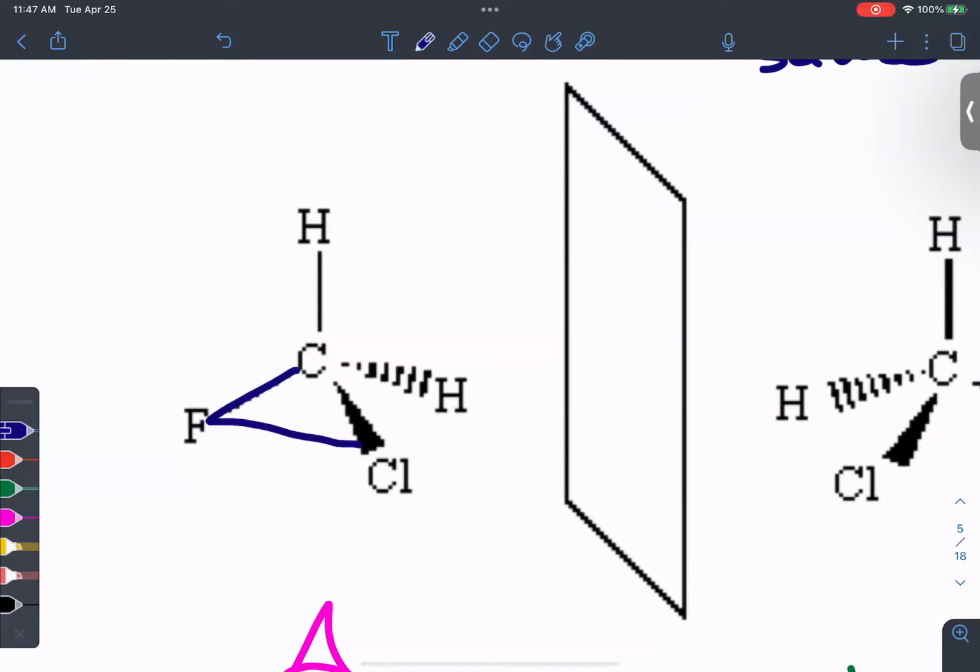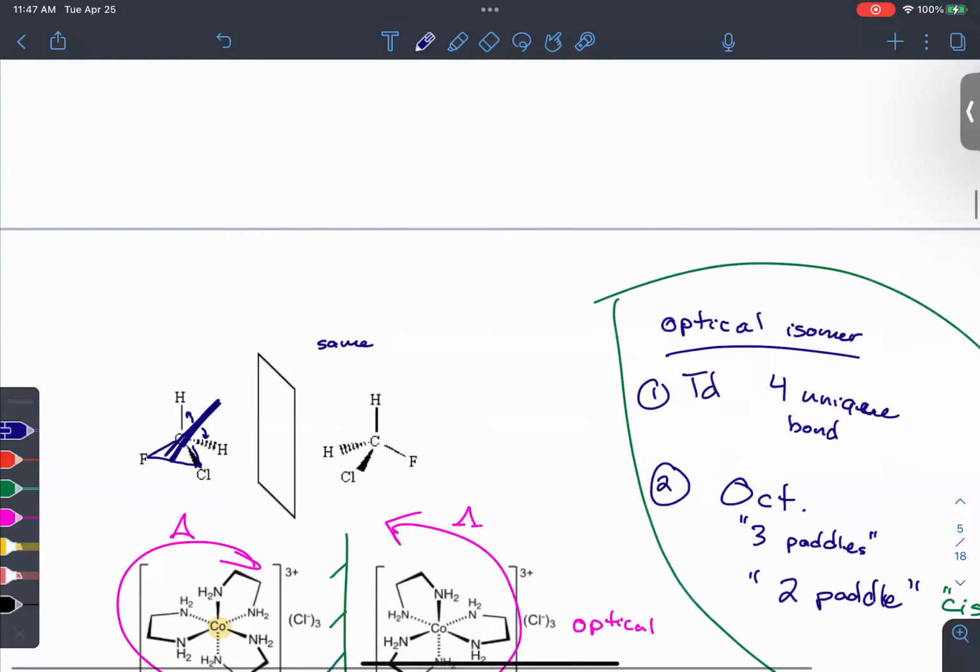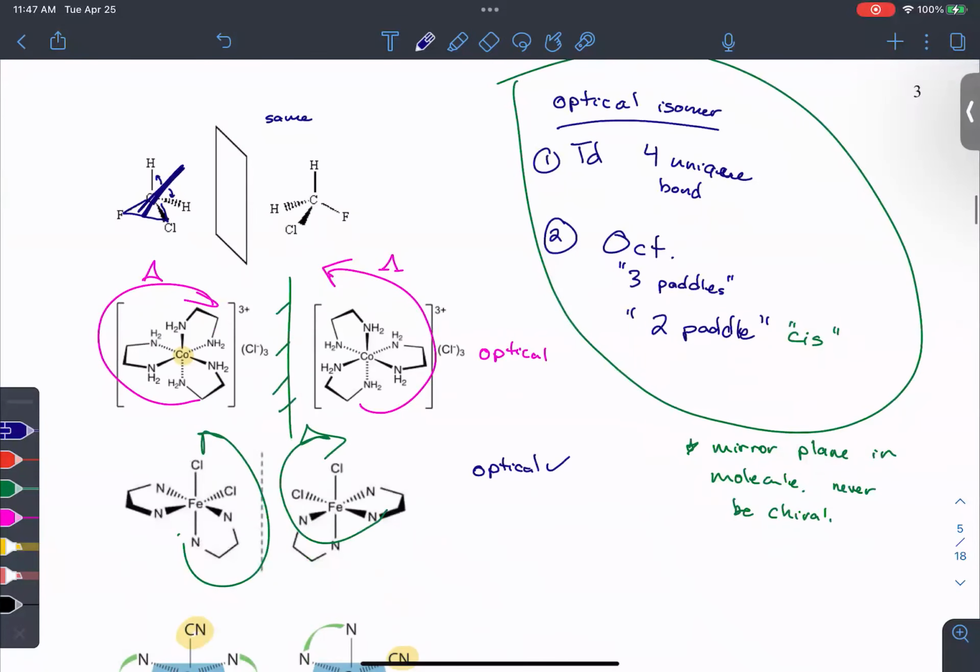It's between these 2 fluorine-chlorine bonds, and you are essentially mirroring those 2 hydrogens. Yep, that's where it is. I promise you, if something does not have an optical isomer, there has to be a mirror plane in the molecule somewhere, whether you can see it or not.